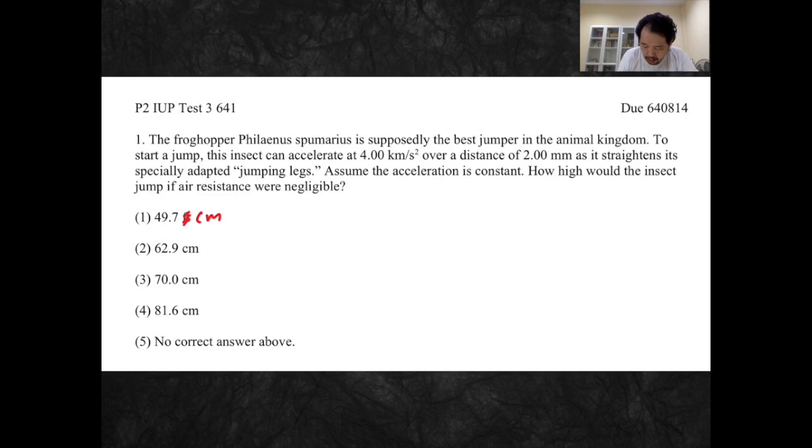Here again, you can see that we don't need the information of time. We just want to know the final velocity of this mechanism, which will be the initial velocity of the frog when it moves vertically under the gravitational acceleration.